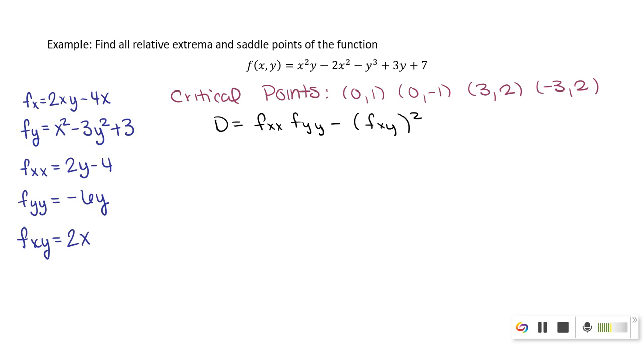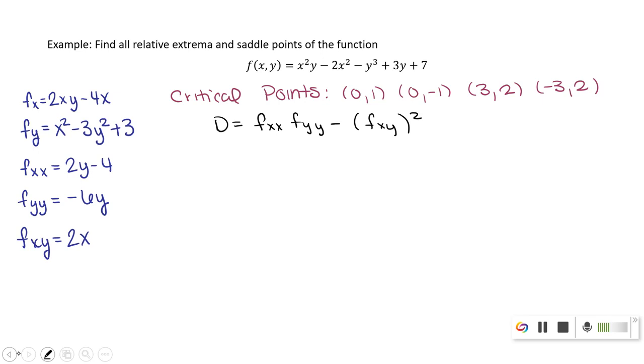And then finally, my f sub xy: I took the derivative of f sub x with respect to y, and I got 2x. I could have also taken my f sub y and found its derivative with respect to x, so technically you could have found f sub yx. Those are always the same. Regardless, I get 2x.